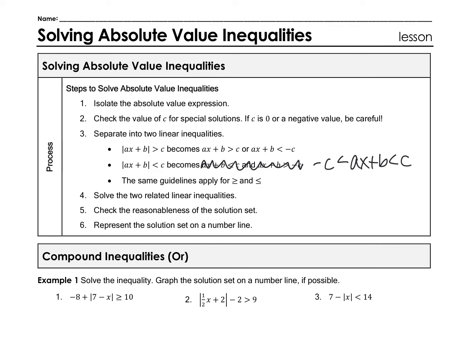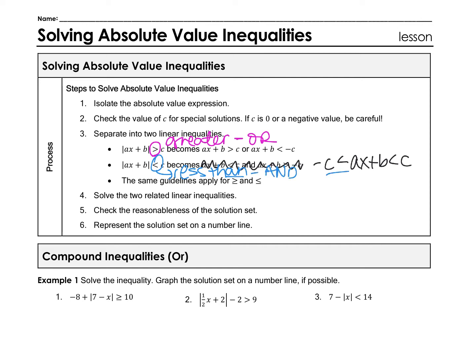Anytime we have absolute value inequalities, after you isolate, if it's a greater than, you're going to be setting up an OR statement, and we'll look at that in just a second. If it is a less than absolute value, you're going to be setting up an AND statement.